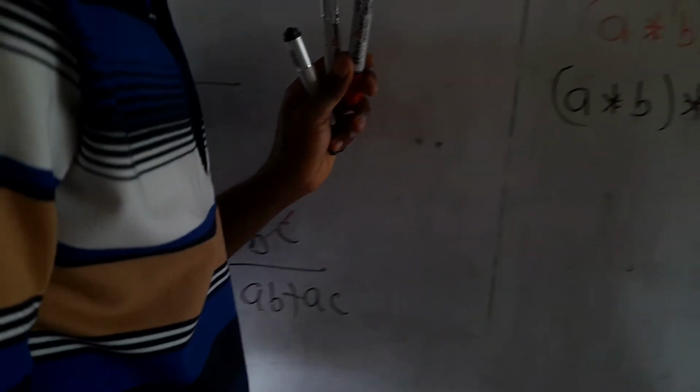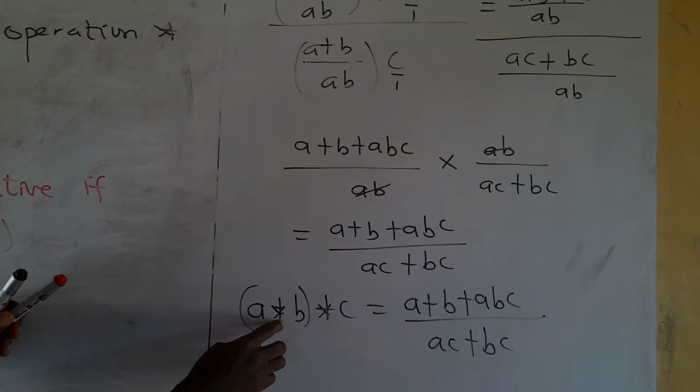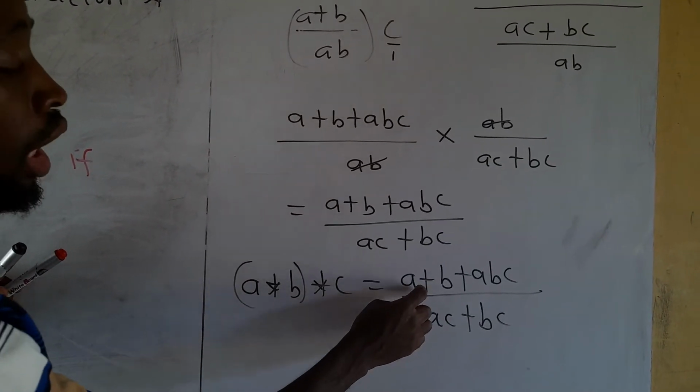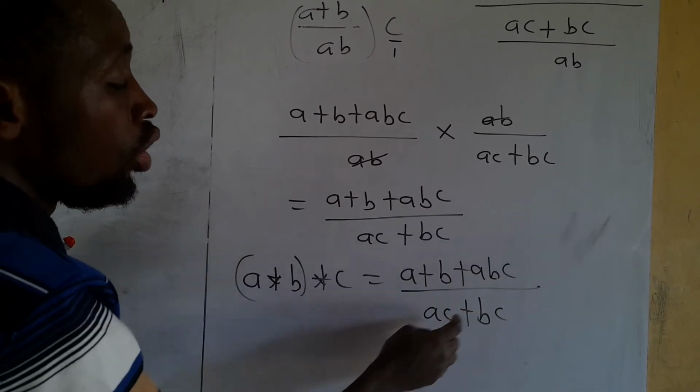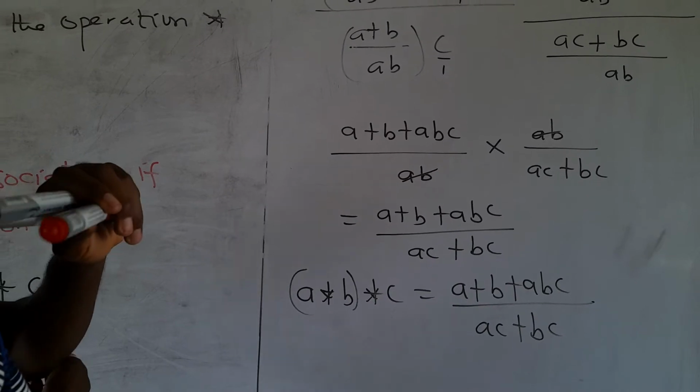Now let's look at the left hand side. The left hand side, which is A star B in bracket star C, is A plus B plus ABC over AC plus BC. So you realize that both sides are not the same.